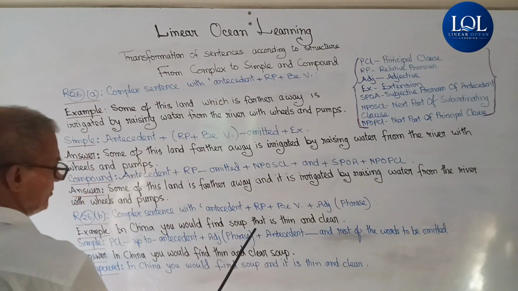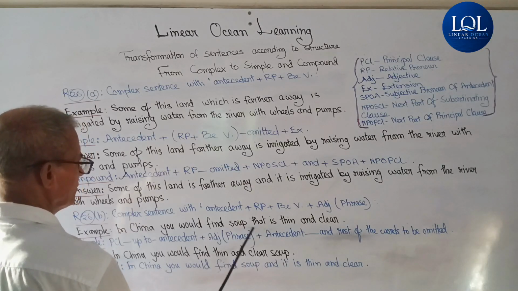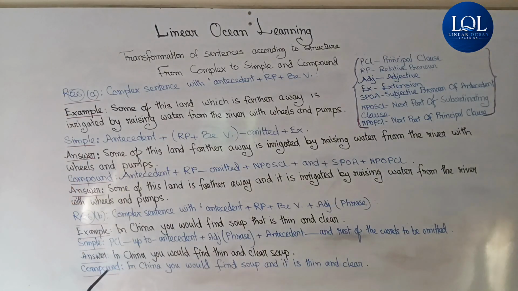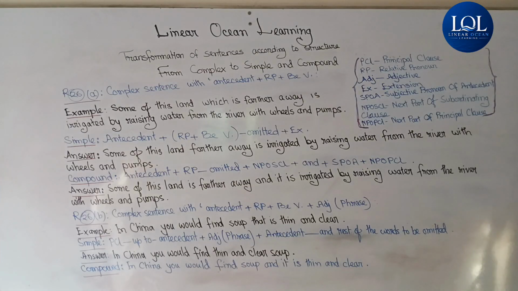Here the rest of the sentence is that is, so the relative pronoun and this be verb will be omitted. The answer we get is: in China you would find thin and clear soup.